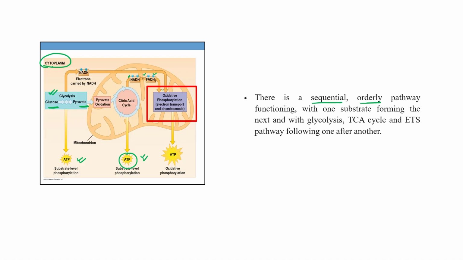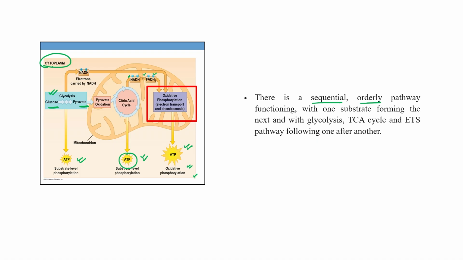Because of the push, a gradient develops, and then protons come in a very forceful way through the F0 F1 particle inside the matrix, and a huge amount of ATP is produced.